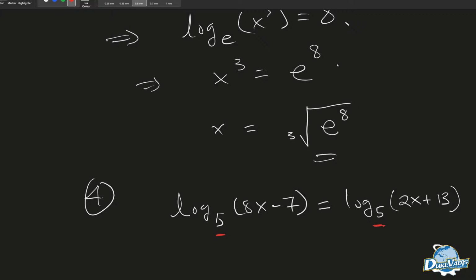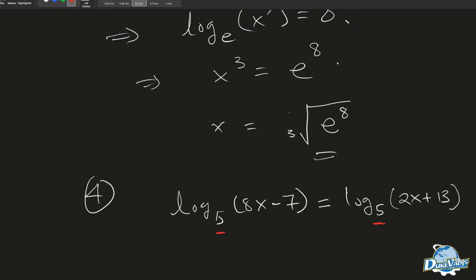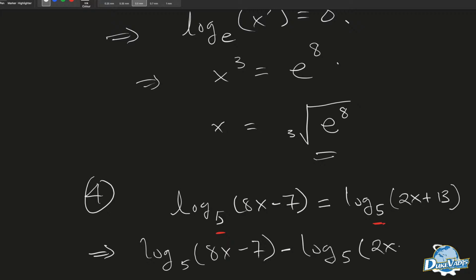So what I want us to do is pull the log to the base 5 of 2x plus 13 into the equation, so that we have log to the base 5 of 8x minus 7 minus log to the base 5 of 2x plus 13 is equal to 0.